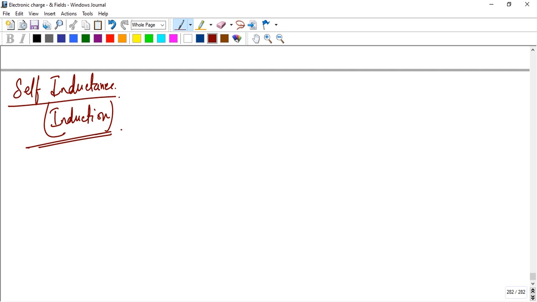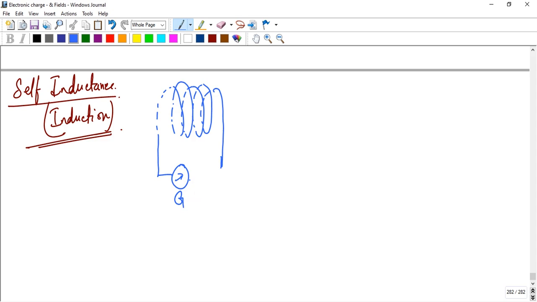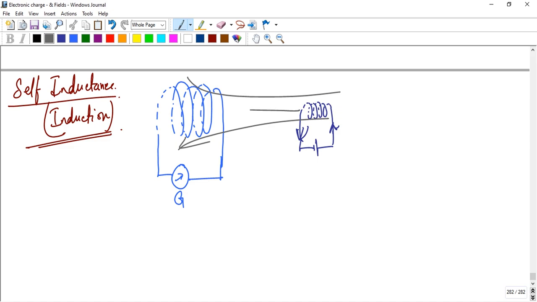There are two coils, as Faraday and Henry explained. Suppose there are two coils, and there is a galvanometer G connected to another coil, and there is a battery with current passing through the first coil. This coil also produces a magnetic field, which passes through coil 2.